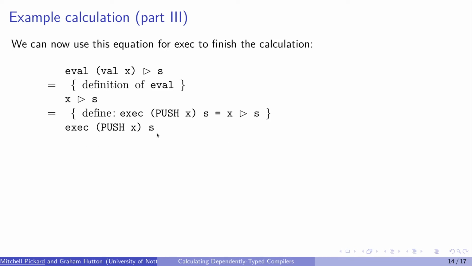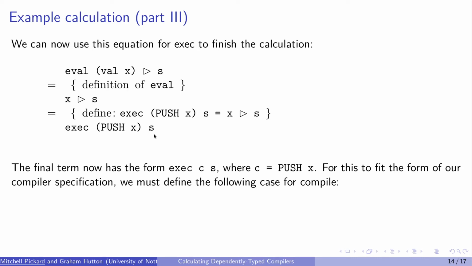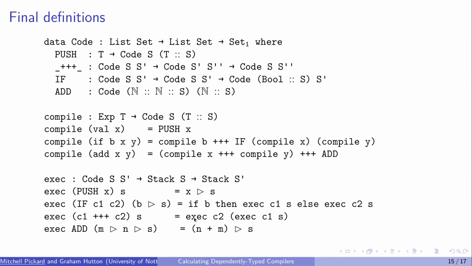And that gives us exec (push x) S, which is in the form that we were looking for before. Now we can create a new defining equation for compile by setting compile (val x) equal to this bit of code, push x in this case, and this solves this specific case.